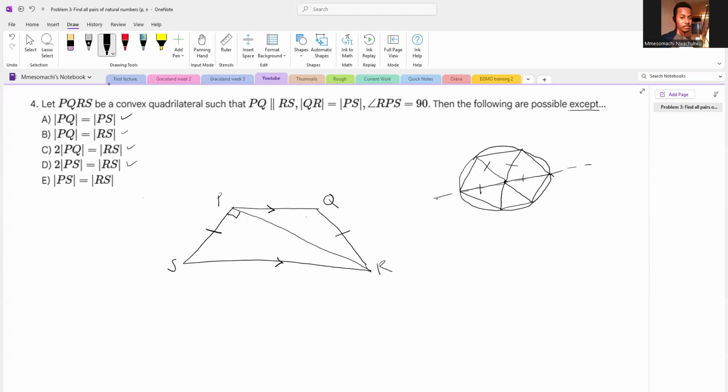So all these are equal in a regular hexagon. And something we can look at quickly is that since this is a regular hexagon, all these are actually going to be equilateral triangles.